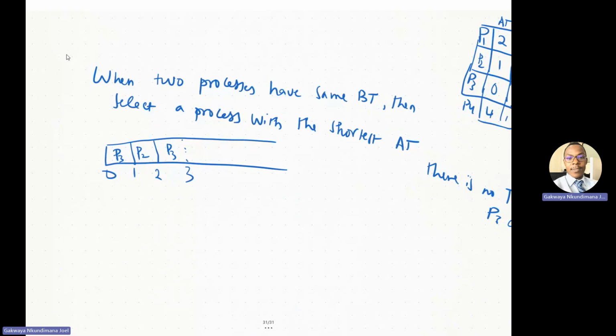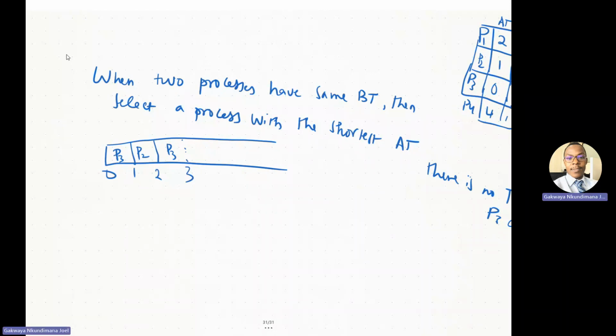You understand? P3 completed at time 3. Since there is no time 3 here, for the P3 which we need to consider, we look to the next process.